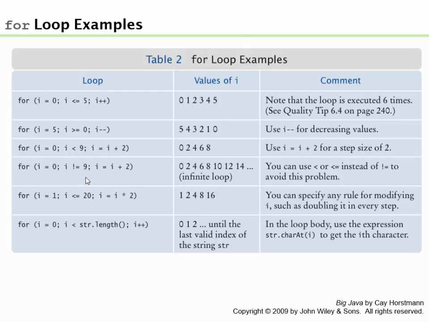Well, you'll note that i is never equal to 9. So unfortunately, this creates an infinite loop and your program stops working, or keeps working and doesn't respond to user input. The reason is because the value of i is never going to be 9. The value of i will be all the even numbers from 0 to whatever, but it'll never be 9. So this loop will never terminate.